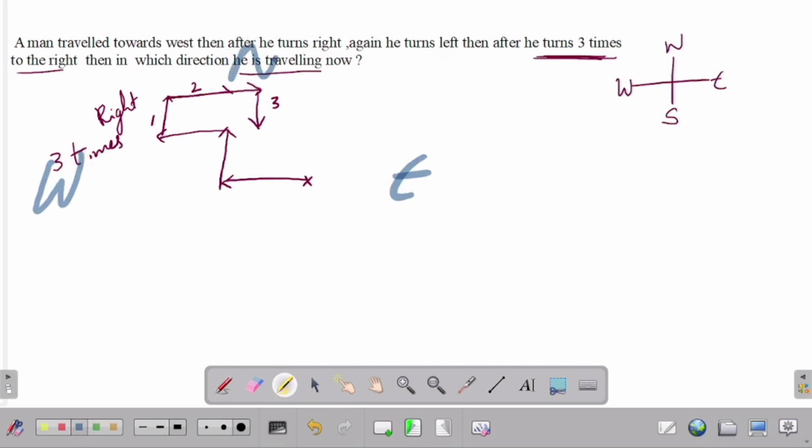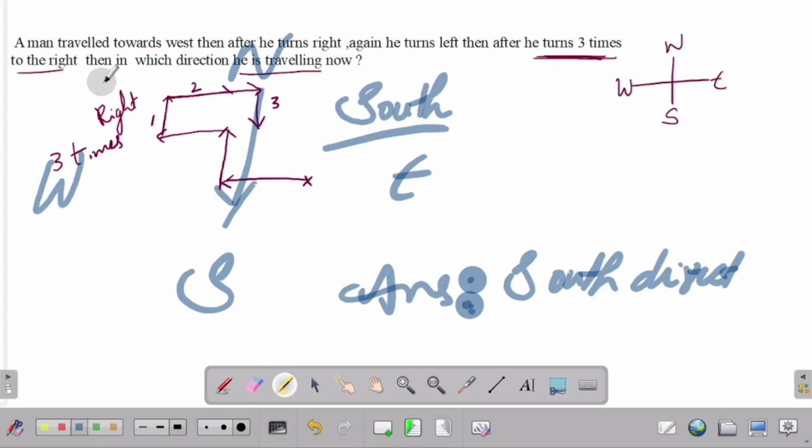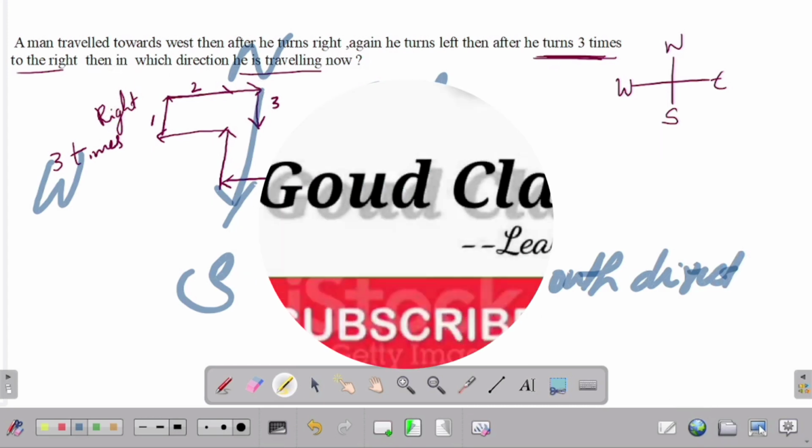East, west, north, south, these are all the directions. Finally he is in the south direction. So the answer for this question is south. Okay, this is your answer. So thank you for watching.